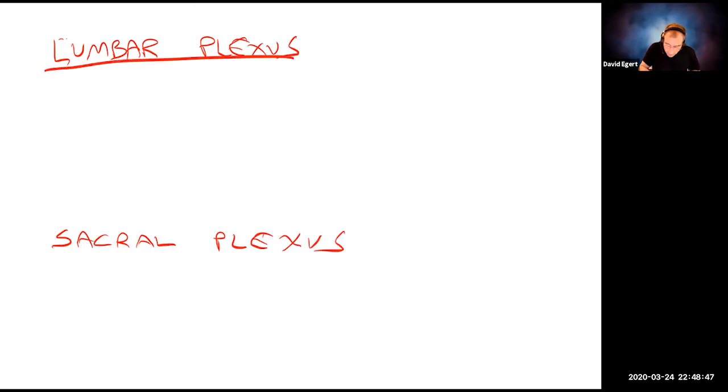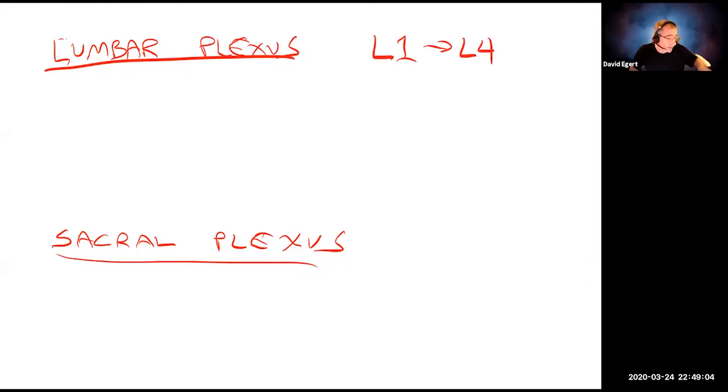Neither of these, you don't need to know the details like we saw for the brachial plexus. So this is going to be much more straightforward. The lumbar plexus originates from L1 to L4. There are only two nerves that you need to know that come from the lumbar plexus.